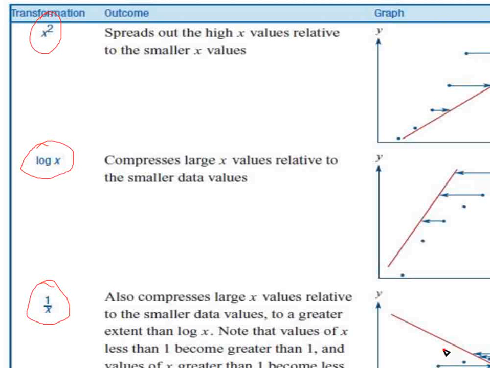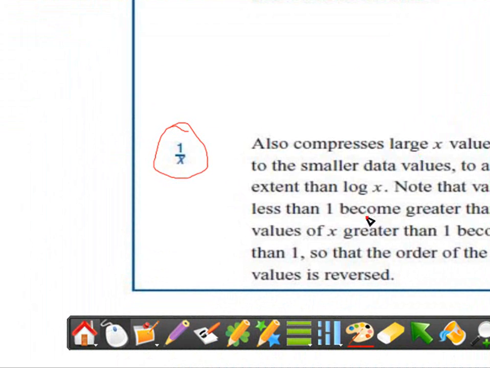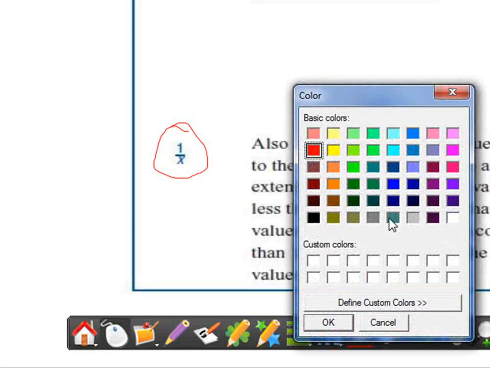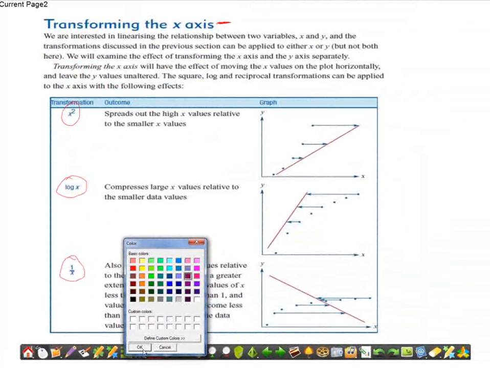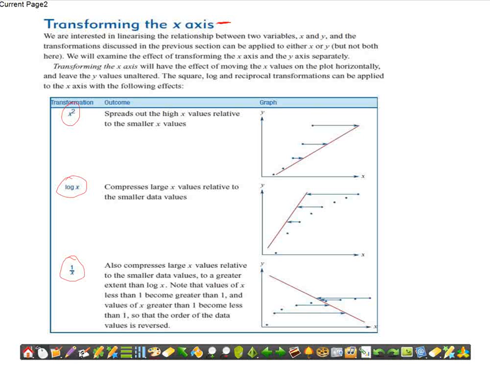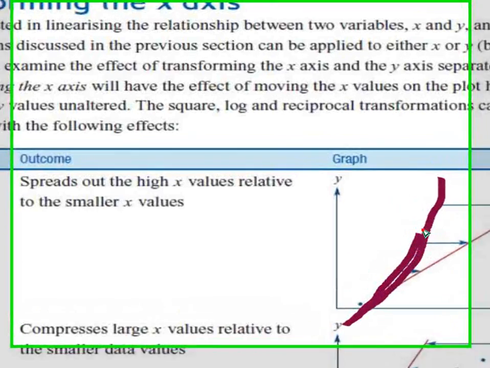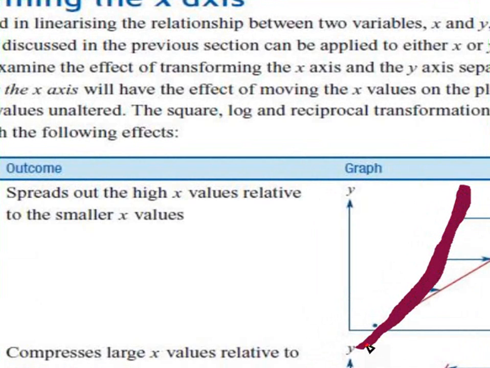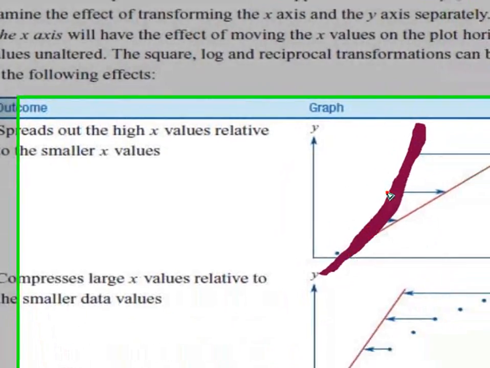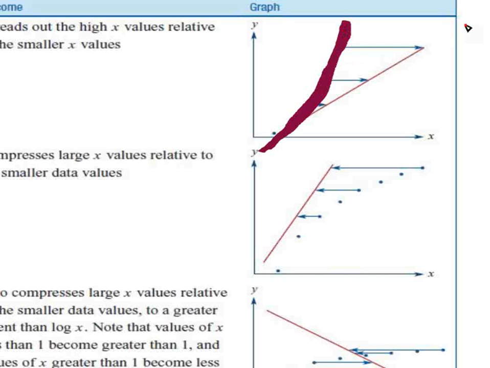Now, what do I mean by this? For example, I'll pick purple here, and I'll make the line a little bit thicker so you can see what I'm talking about. If your graph looks something like this, a nonlinear graph, and it's curving like this, you do an x squared transformation, and you'll get a straight line like this.